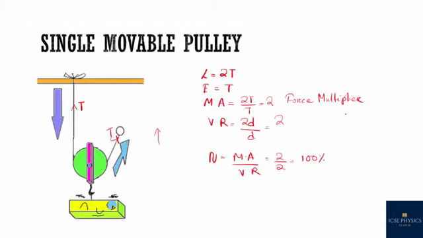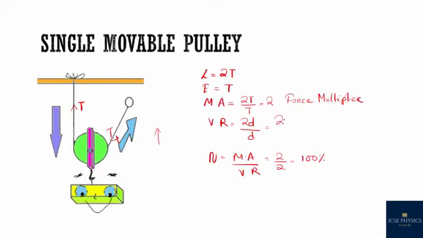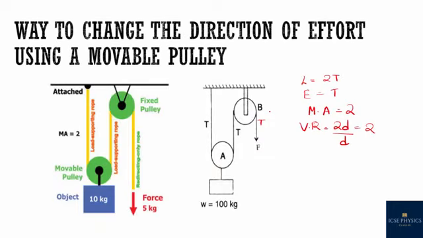The same as here. In a single movable pulley we had velocity ratio 2, mechanical advantage 2. If we only change the direction by putting a fixed pulley, the mechanical advantage remains the same, and the velocity ratio also remains the same.